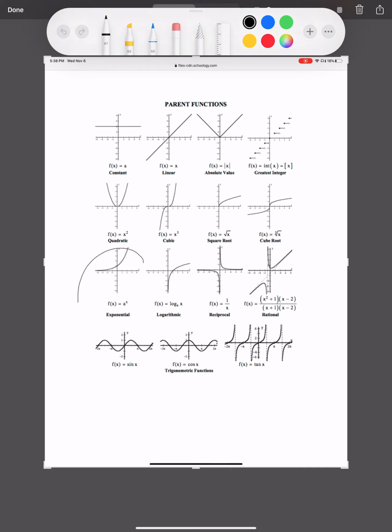See, with this one, you have the a to the x, where a is some number to the x power. We have another curve with this one, which is the logarithmic function, but you see the function says log base a of x, so I don't see that as a part of my equation. So all these other curves do not have the a to the x in it, where a is just some number. So we know this is the exponential function.